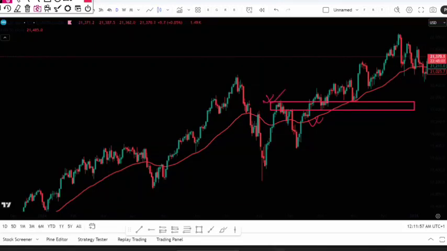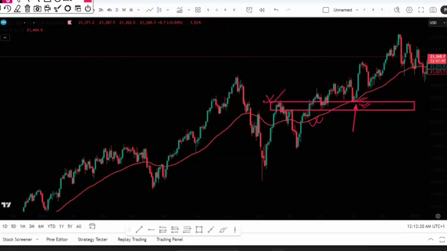Where does that happen? That happens here. Are you getting me, guys? Then here at this level, you can see the support of EMA, support of our zone, and a beautiful candle forming here. Then you can go for the long trade.